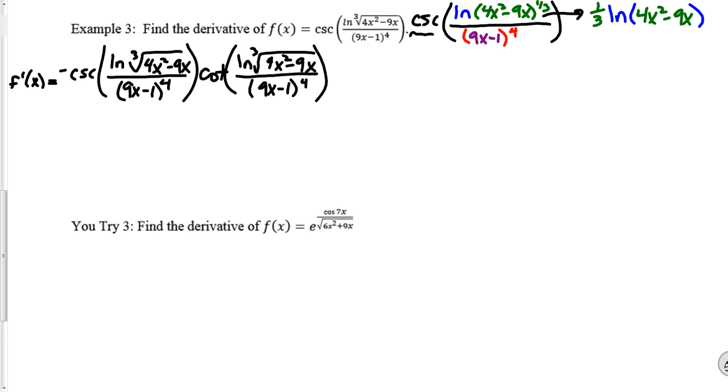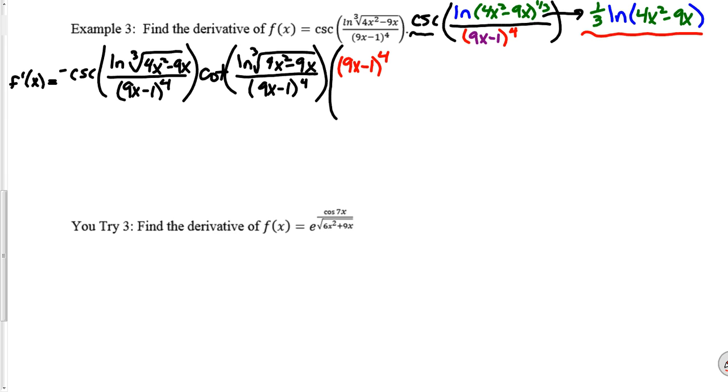So now I need to multiply that by the derivative of the inside. So this is where I now have my quotient rule. So I'm multiplying this by bottom times the derivative of the top. And again, I'm moving over to that sidebar here, this version of the top.